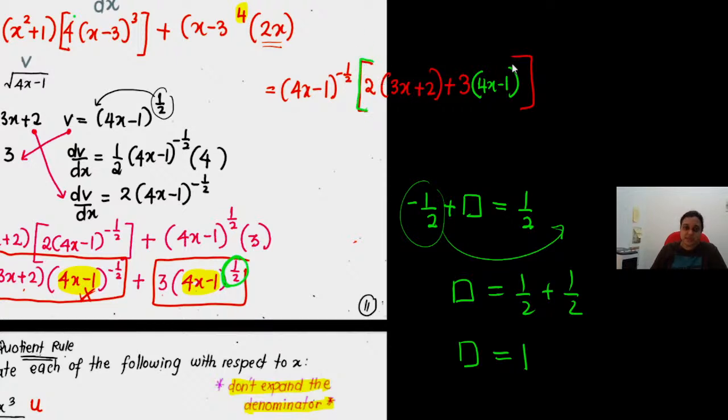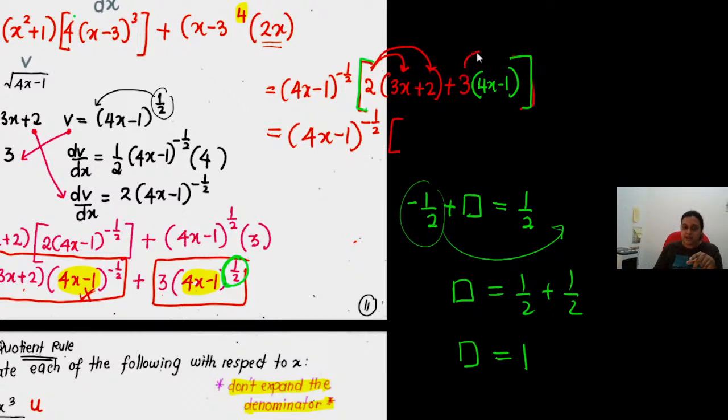Since this is now power 1, remember the reason we are doing this big bracket is because we factored something out. So that big bracket is for you to write all the remaining ones. Now solve the big bracket. I'm just going to copy 4x minus 1 to the power negative 1 over 2. Inside here you can expand.